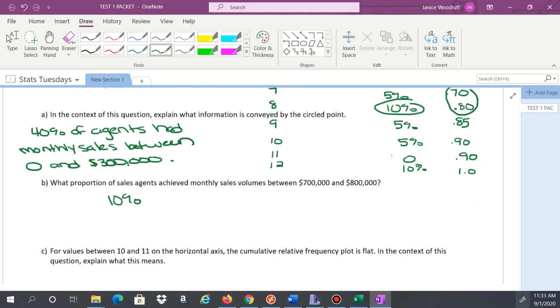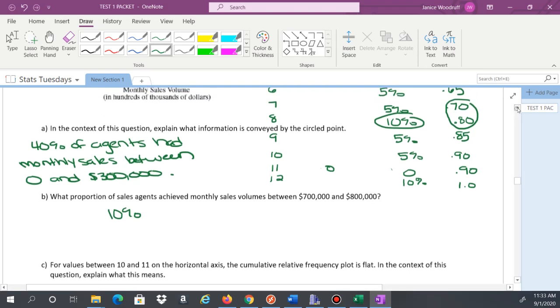For values between 10 and 11 on the horizontal axis, the cumulative frequency plot is flat. What does that mean? Yeah, so was there anything in this category? If I'm looking at the frequency here, this category here, there's 0. So there was no sales. So what we're looking at here is the sales, and that would be the point.